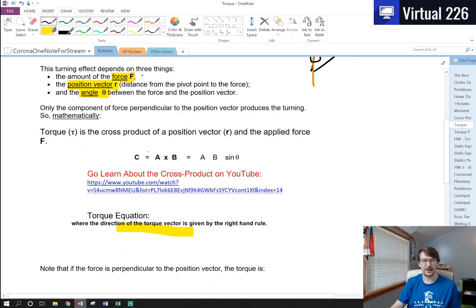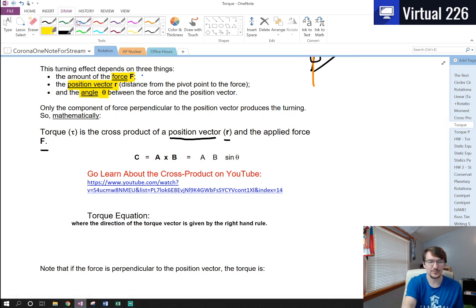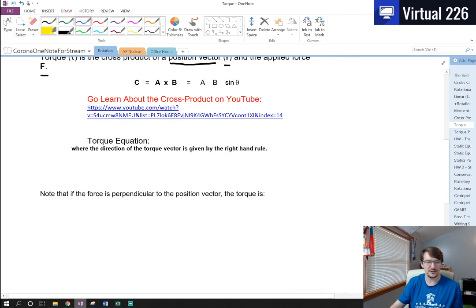Mathematically, we think about the torque as a cross product, which, if you've seen the previous video on cross products, take a look at that, Corona video 6.5. It is the cross product of a position vector, this moment arm, this r, this radial distance, and the applied force F. Now, since it is a cross product, this is where our angle comes into play.